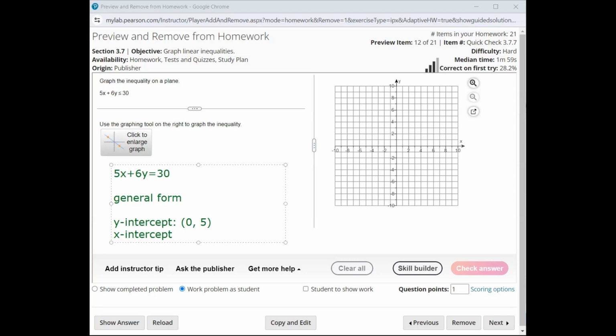X-intercept, we set y equal to 0 here. When we set y equal to 0, we get x is 6. So 6 comma 0 is the x-intercept.